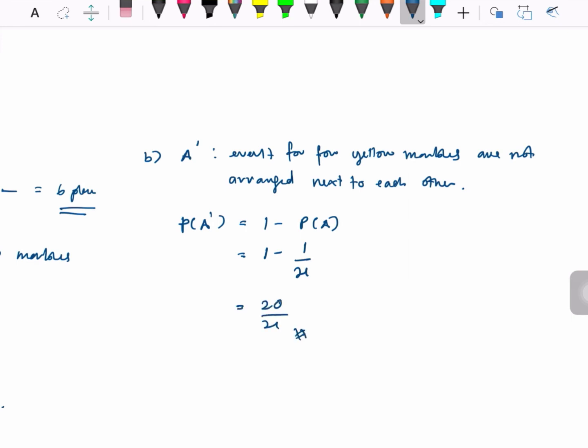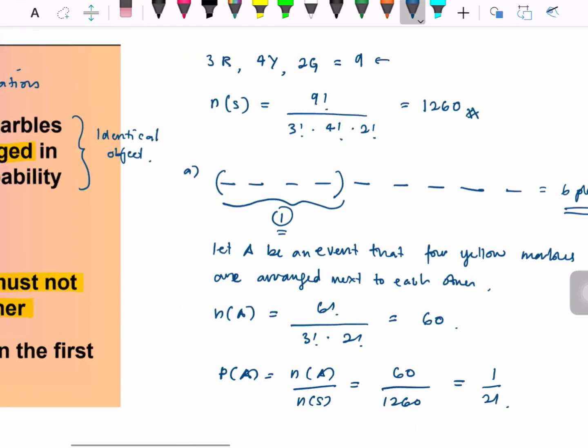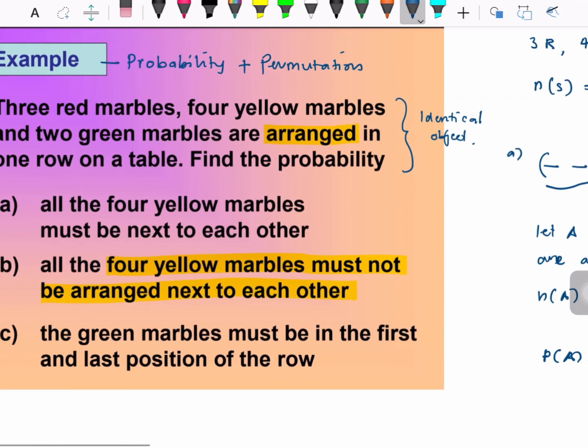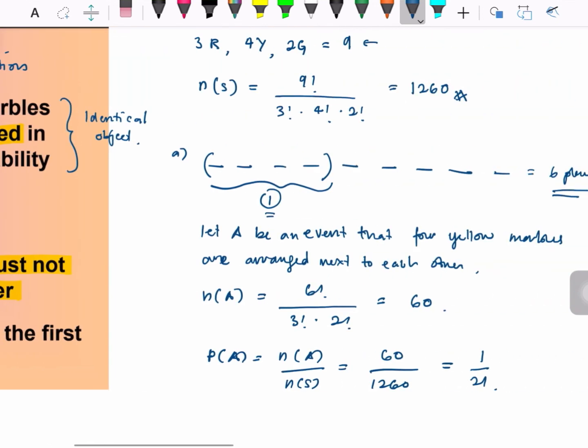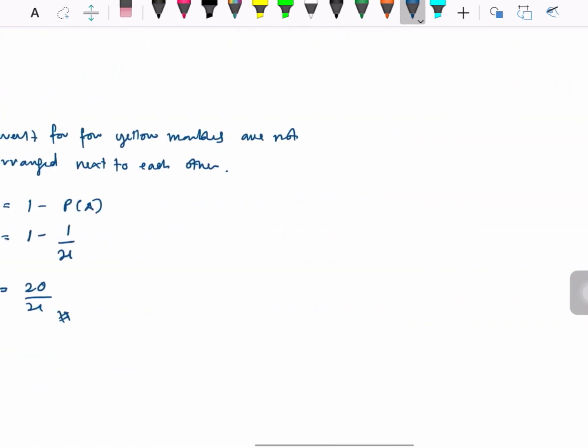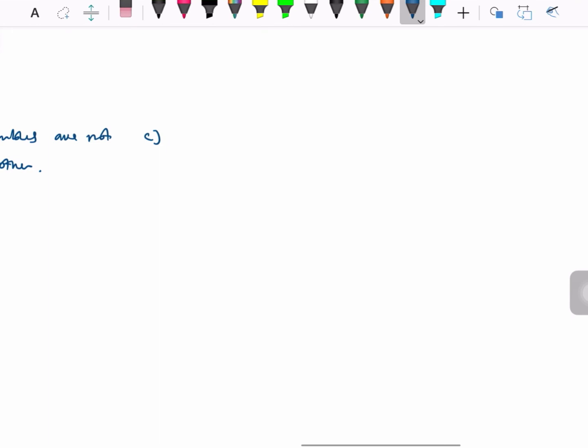And then we look at C. For C, we have to find the probability that the green marbles must be in the first and the last positions of the row. Let me illustrate the same thing here. Let's say that we have 9 places for the marbles to be arranged, 1, 2, 3, 4, 5, 6, 7, 8, 9.